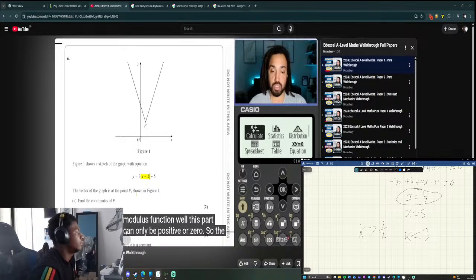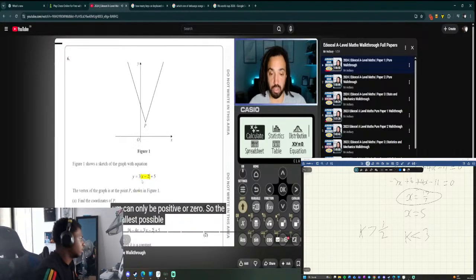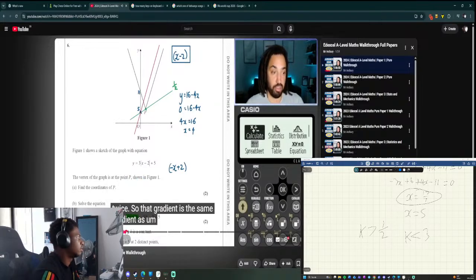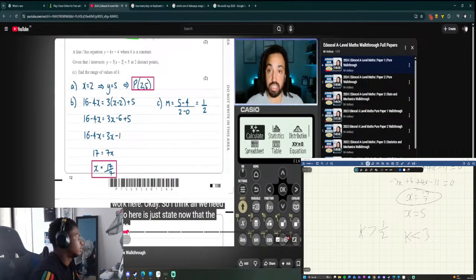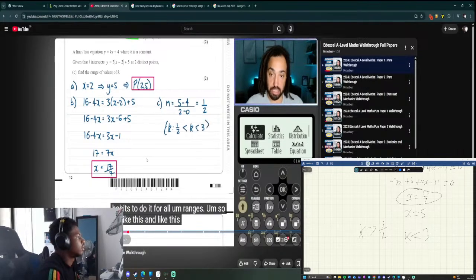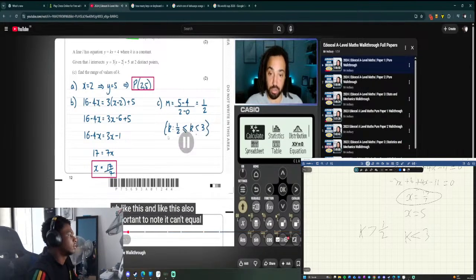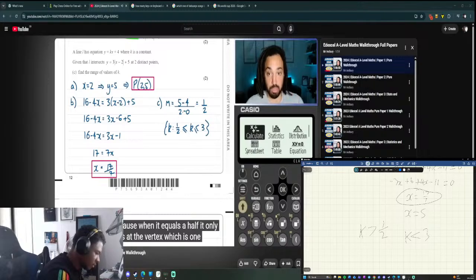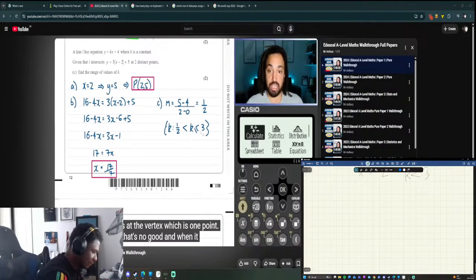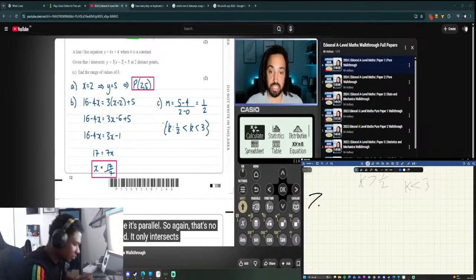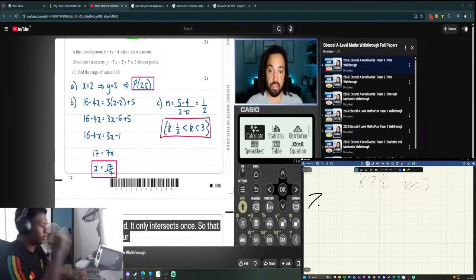The smallest possible thing we can have is the vertex. Also important to note, it can't equal a half, because when it equals a half, it only cuts at the vertex, which is 1 point, so that's no good. And when it equals 3, it's parallel, so again, that's no good. It only intersects once. So that is our final answer.